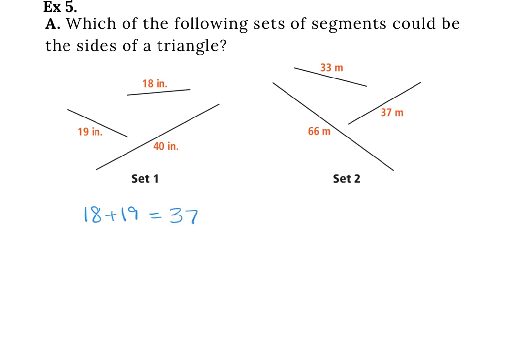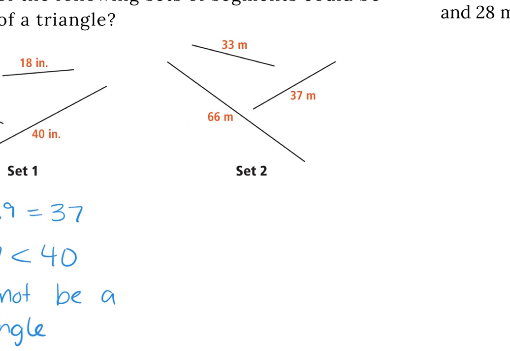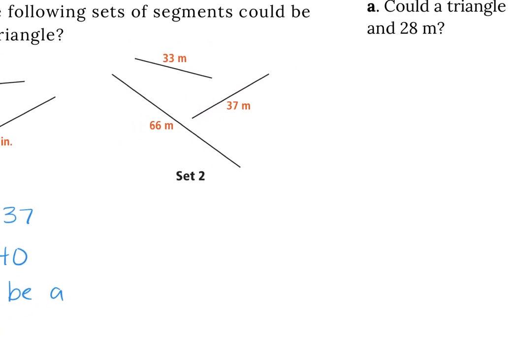So our triangle cannot have a third side that is larger than 37. 37 is less than 40, so this cannot be a triangle, because my 2 smaller sides added together have to be greater than the largest side. And 40 is larger than 37.